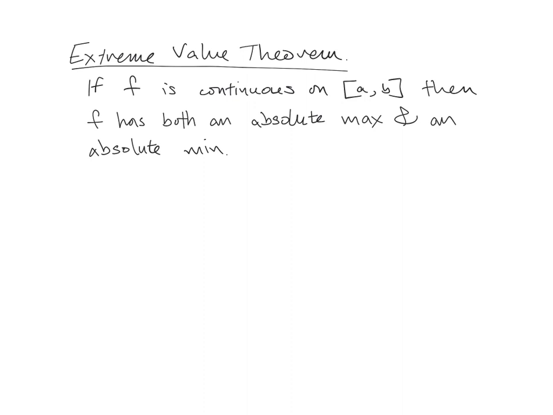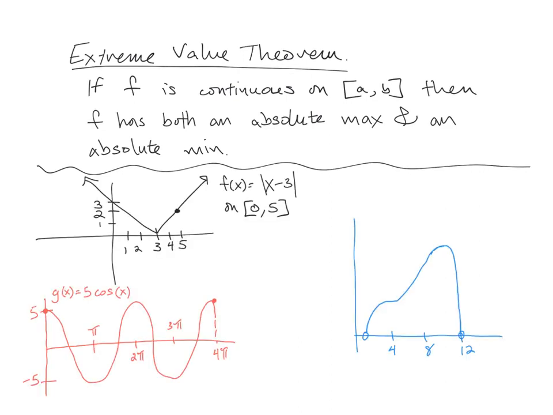So I just want to give you a few examples of how this works in pictures so you can see what this means. And let me get a few graphs drawn over here. So here are 3 quick examples on how the extreme value theorem works. So this first example, very quickly, we have f of x being this function, absolute value of the quantity x minus 3, on this interval from 0 to 5.